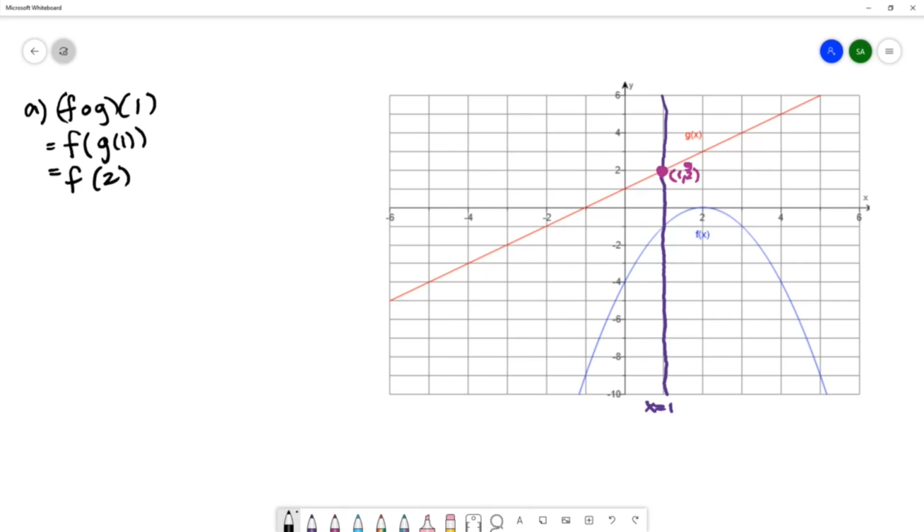And then once I've simplified g of 1 to be 2, now the symbols that are left are f of 2. That 2 is an x value, and so I'm going to draw a vertical line at an x value of 2.